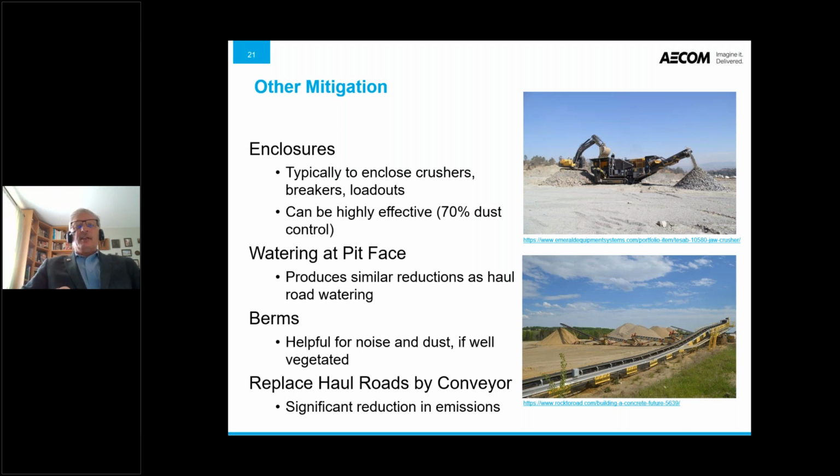If you do the stripping of the new pit at the same time as you excavate aggregate, you make emissions much higher. If you separate those two operations, that's much better for the environment and for public perspective.